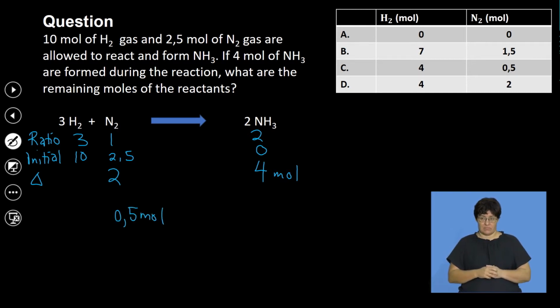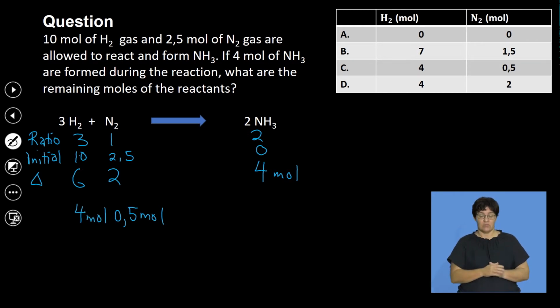And then for us to react the 2 moles, if the ratio of nitrogen to hydrogen is 1:3, if we reacted 2, we need 3 times as much hydrogen as nitrogen. So what do we have here? We have 6, right? Because 2 times 3 gives us 6. So if we started with 10, the remaining will be 4 if we reacted 6, okay?